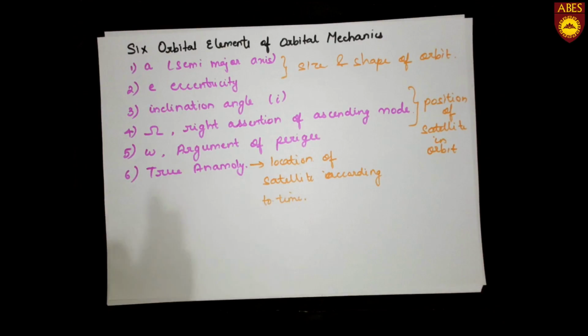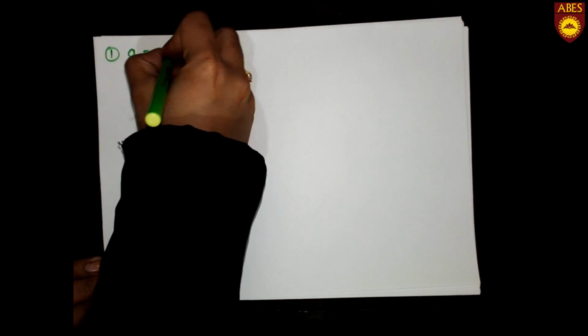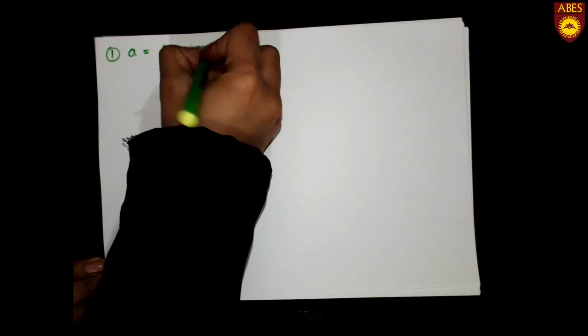Now let us further understand the definitions or the actual values of these 6 parameters. The first parameter was A, which is the semi-major axis.